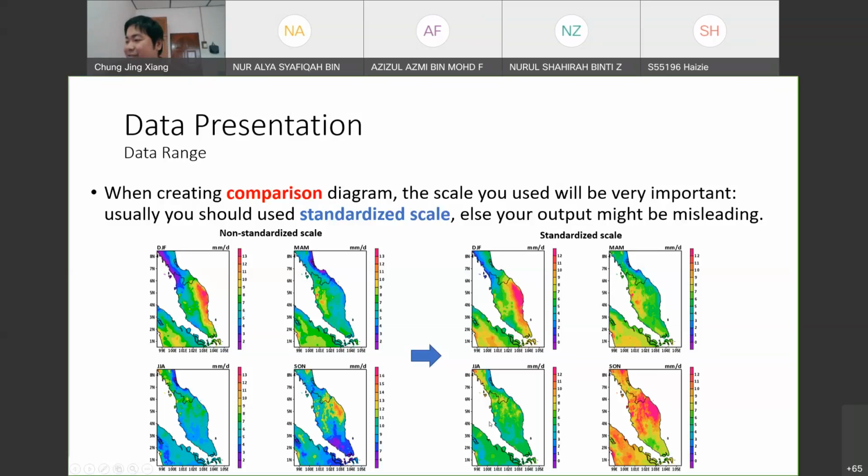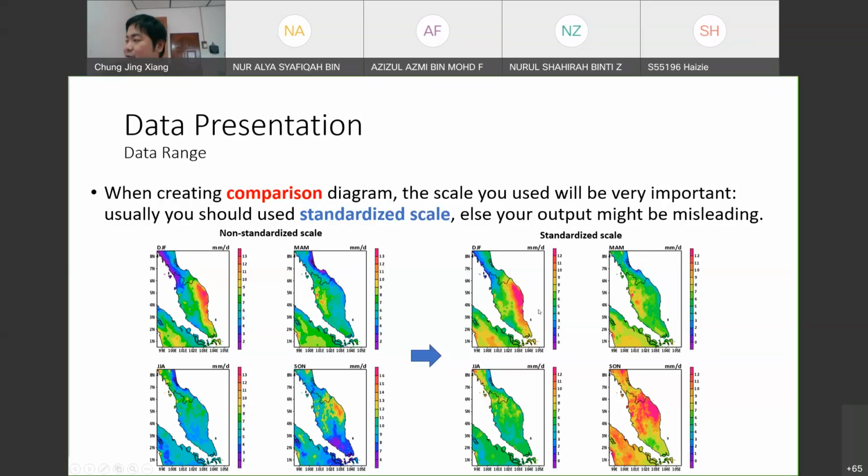The reason why you have so much difference between standardized and non-standardized scale is that when the scale is not standardized, you scale the color based on each panel's own data. So some high values might have a very different color for different seasons.